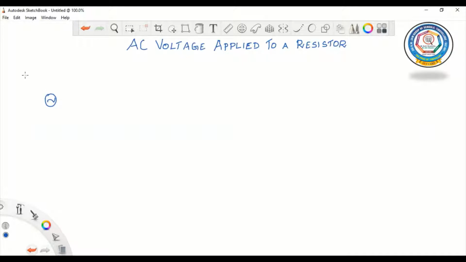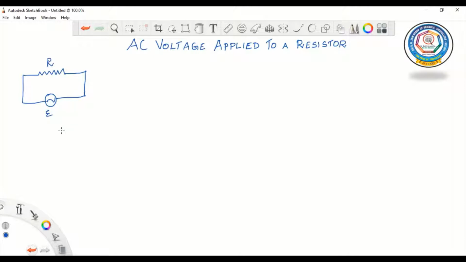So, we are going to connect only a resistor. So this is the AC source which is connected with a resistor, children.